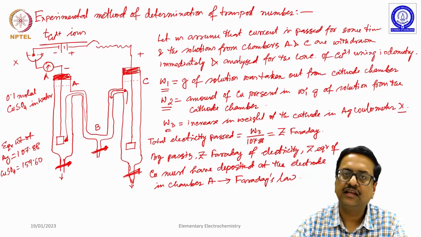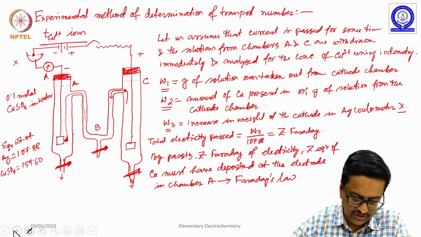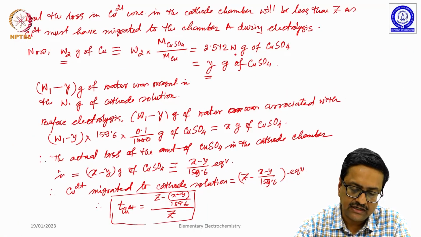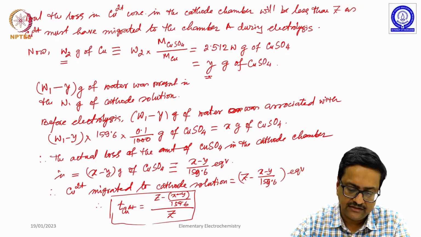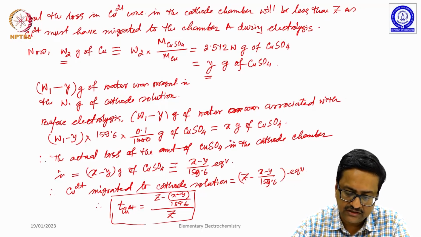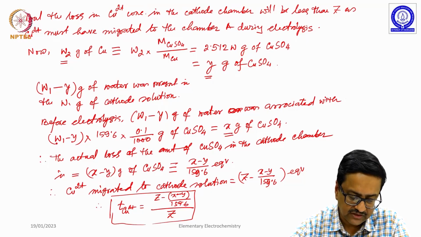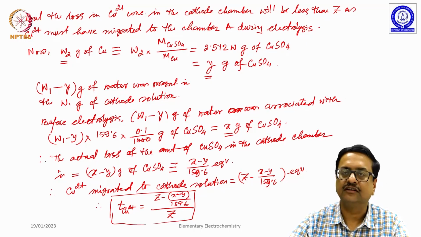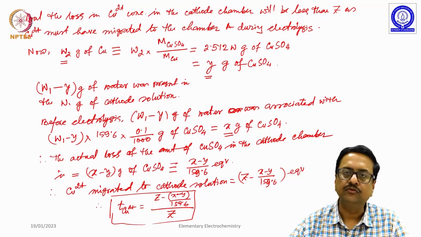Once you get those three masses, using this method you can calculate the value of Y, and similarly you can calculate the value of X also, and you can easily calculate the transport number of Cu2+.